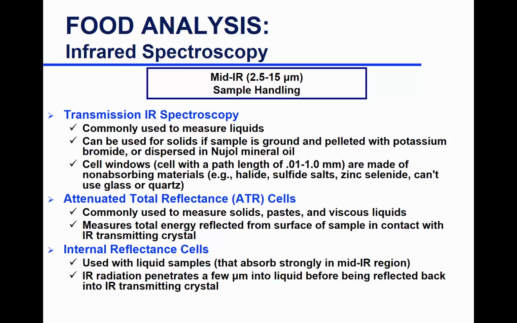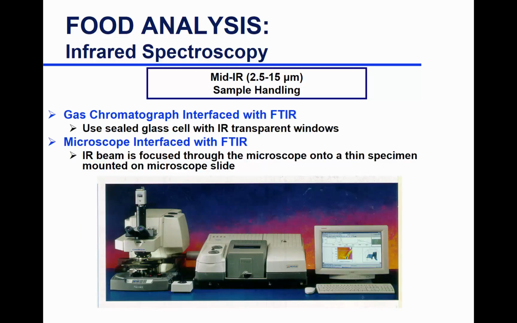It's either solid or liquid, that's why it's called either this or that. You can link gas chromatography to FTIR, which is cool, so that you can have a separation with GC for gases. As they pass from the column, they can be linked to FTIR, and you can get FTIR detection. So gas chromatography coupled with FTIR. You can also have a microscope linked to FTIR, which is also really cool.